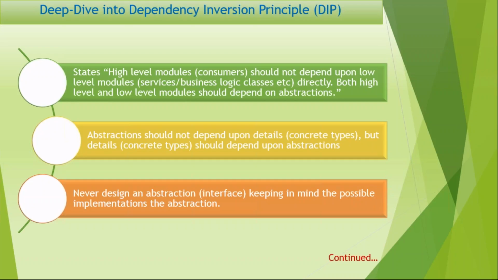The service layer contains some methods which connect to the data access layer that contains some methods. So when your front end is talking to the service layer, it should be through some abstraction. Here abstraction is nothing but some interface. So always ensure that your high-level modules, your consumers, are talking to your low-level modules, your business logic classes, via interfaces. That is the principle. High-level modules should not depend on low-level modules.